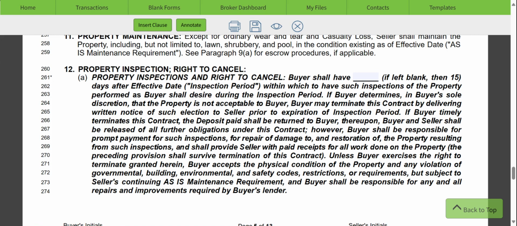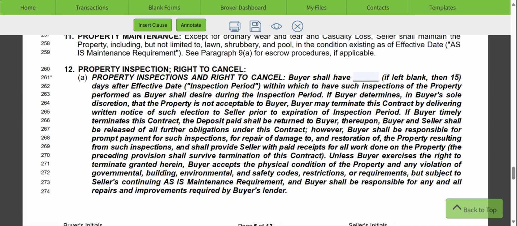You're taking the property as is with all of its issues. Okay, so you only have that period of time to do the inspections and determine whether or not you're going forward. And if you are not, you must notify them in writing. Otherwise, you are deemed to accept the property in its current state.